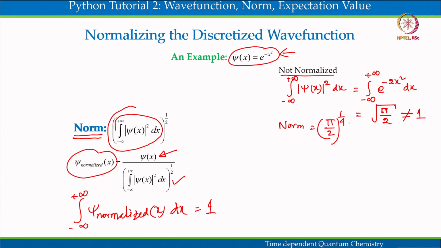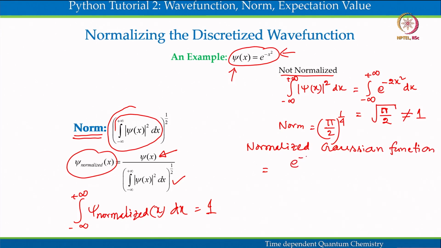So the analytical form of the normalized Gaussian function: this is the Gaussian function, so the normalized Gaussian function would be given by dividing by the norm.